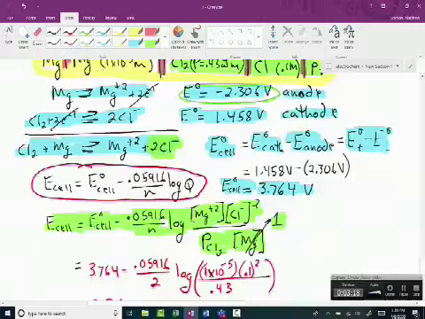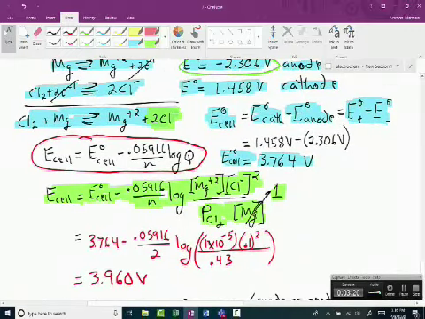We plug those numbers in and we get a final answer of 3.960 volts for this potential. Very high potential. This reaction's going, equilibrium's probably 10 to the 100th.